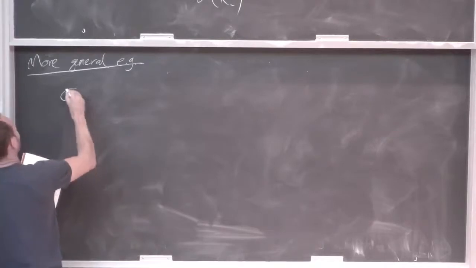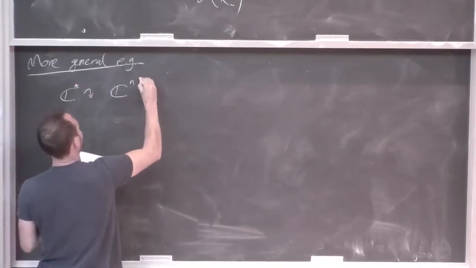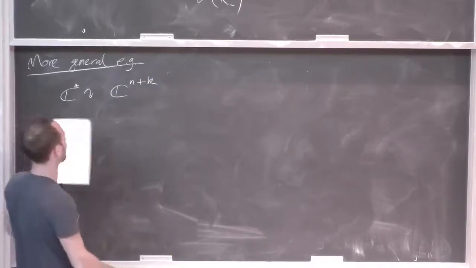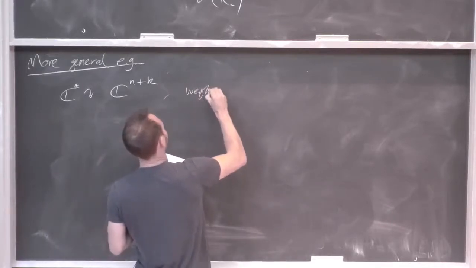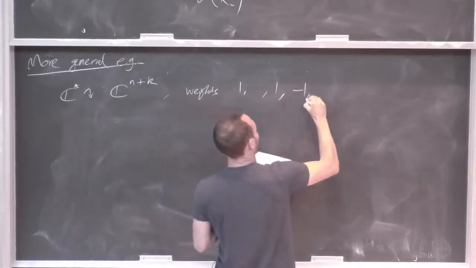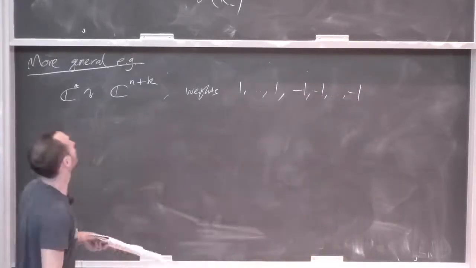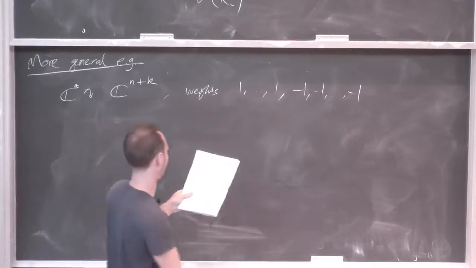So let me let C star act on C^(n+k). I've got a first set of variables and a second set of variables. On the first variables, you're just going to act with weight 1, and on the second variables, you're going to act with weight minus 1. So I've got x's and y's, but now I'm allowed different numbers of them: n x's and k y's.